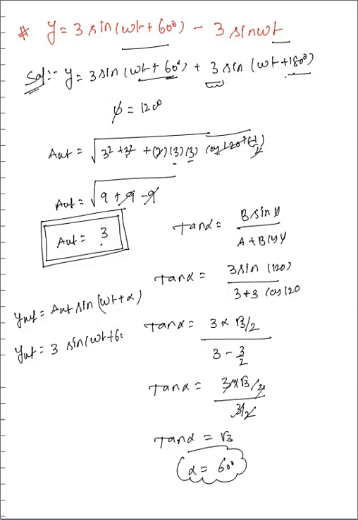And one more thing, plus 60. Therefore y net equals 3 sin(omega t plus 120). This is the final equation of the addition of SHM.